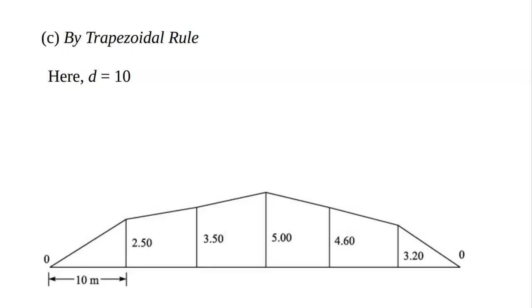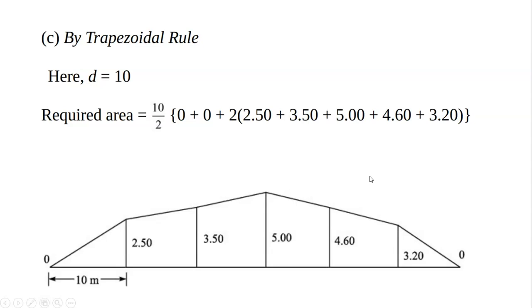The interval is 10. Let's look into the diagram here. You have a triangle on each of the extremities, and all the other shapes are trapezoidal. But even then, the formula is written in a manner that the offset is 0 here, the offset is 0. So how do we do that? It is d by 2.